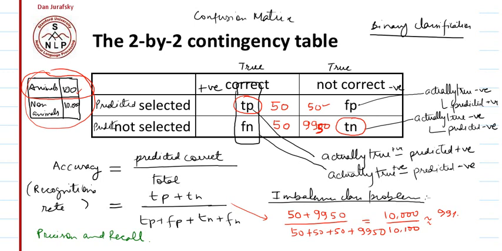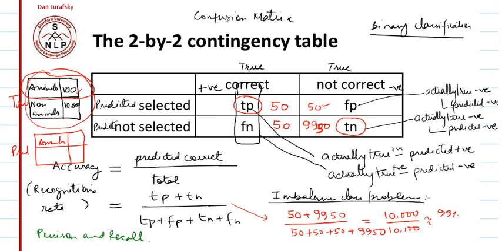And the precision is how much it has predicted, and in that how much it is able to predict correctly. So it has again predicted 100 as animals, right? So this is the true data. If I draw the table for predicted data, it will also be the same. This is true data and this is predicted.